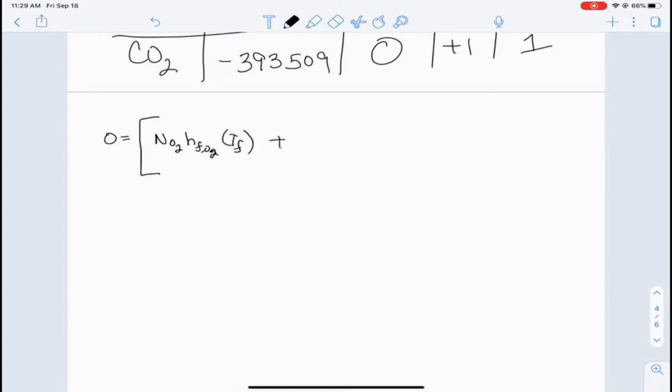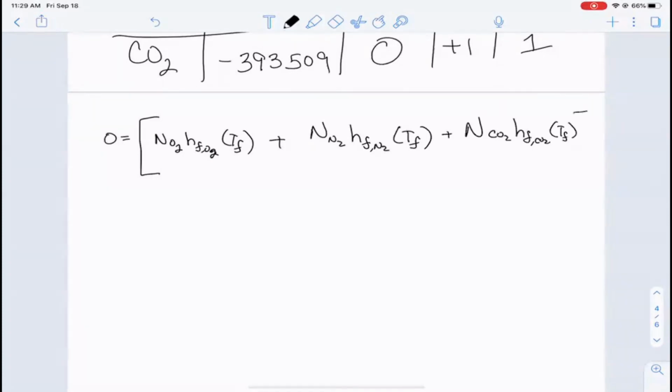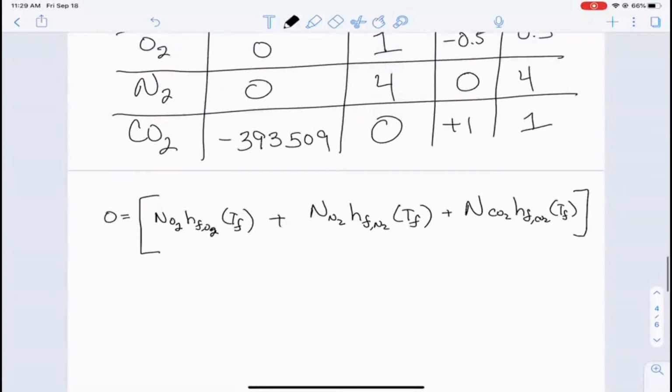Then that's plus the number of moles of nitrogen times the heat of formation of nitrogen at the final temperature, plus the number of moles of CO2 that are leaving times the heat of formation of CO2 at the final temperature, right? So this is all the stuff that's out. So this term is just the sum of the enthalpy out times the flow rate leaving, right? That's what this term is.